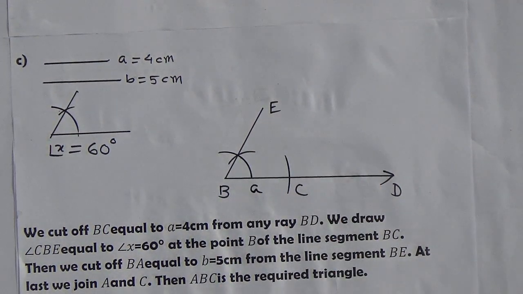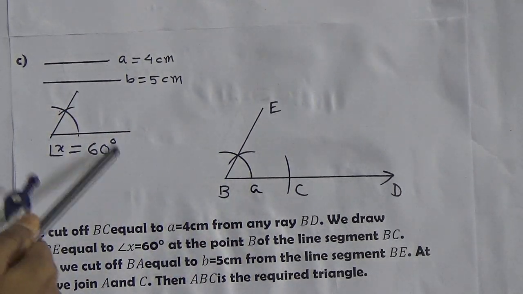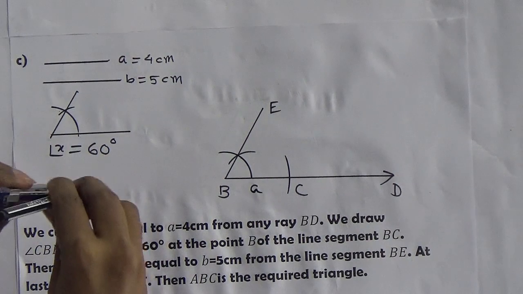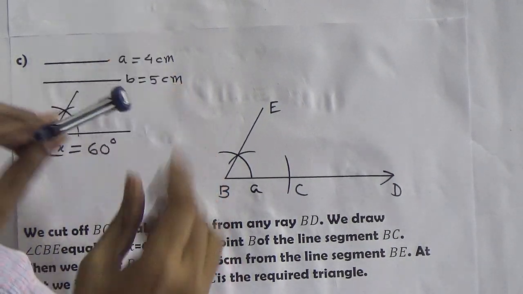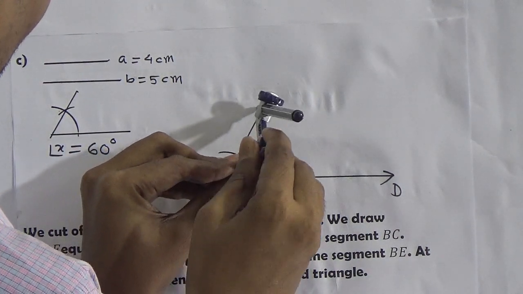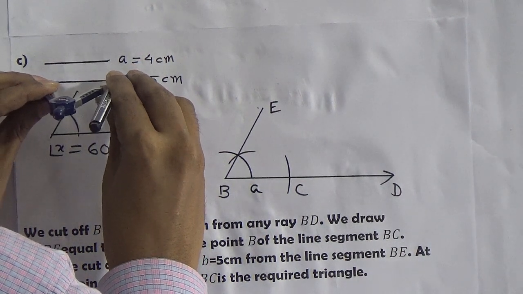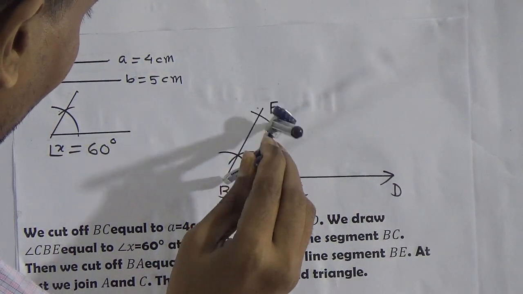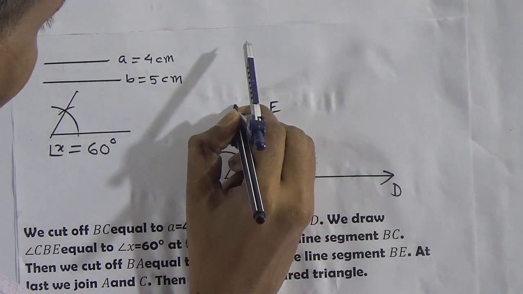That means we drew here CBE equal to x equal to 60 degree. Okay. Now from BE we cut BA, which is equal to b equal to 5 centimeter.